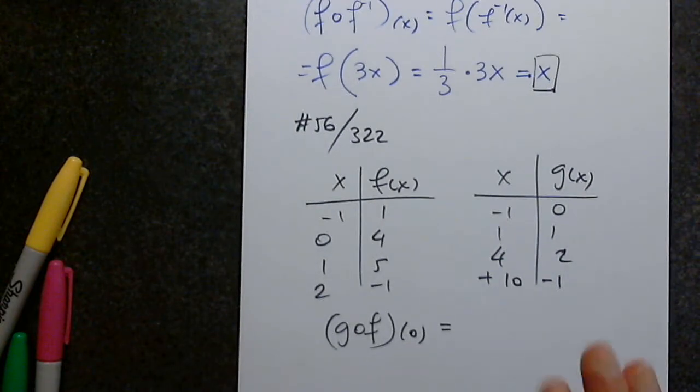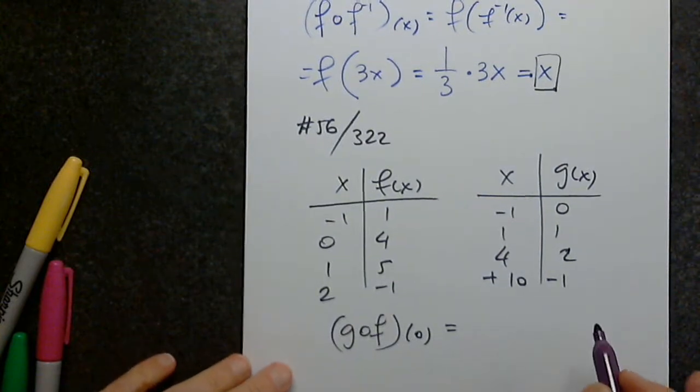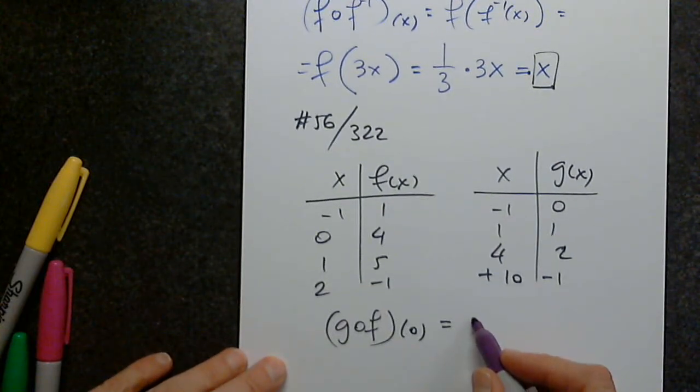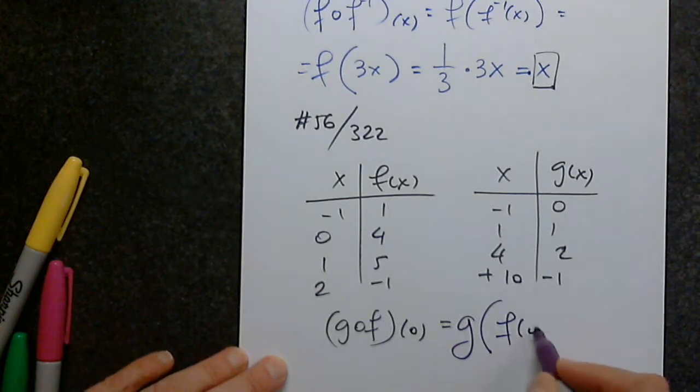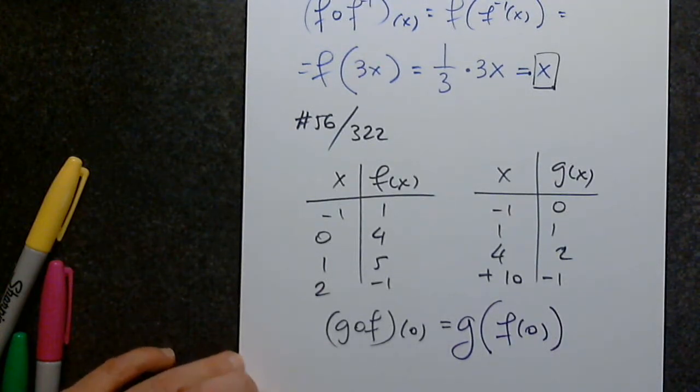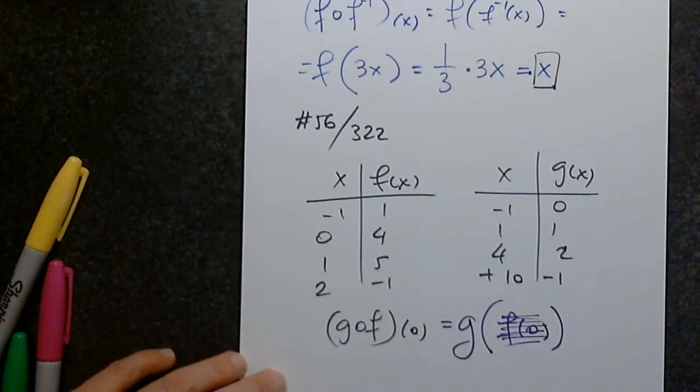Okay. Forget about the tables right now. Just tell me what to write. What does g composed with f of 0 mean? It means g of f of 0. Where do I start? Like always, with the inside. How much is f of 0?